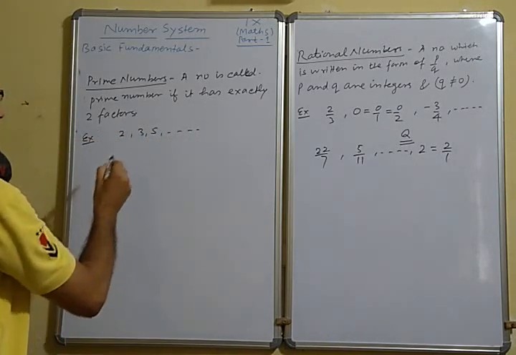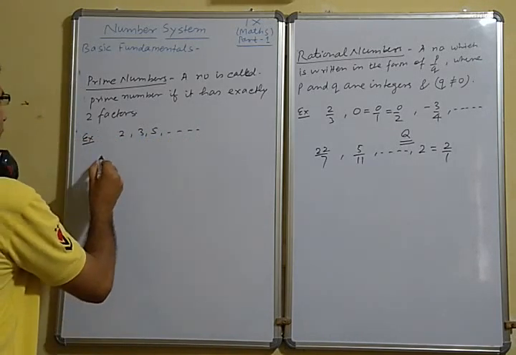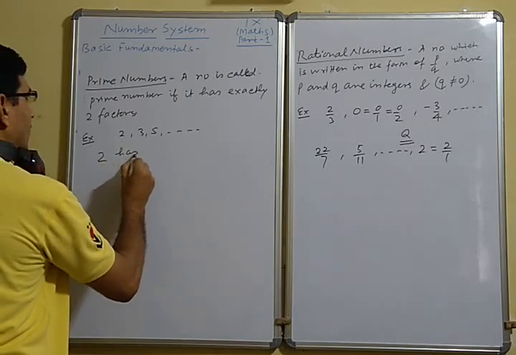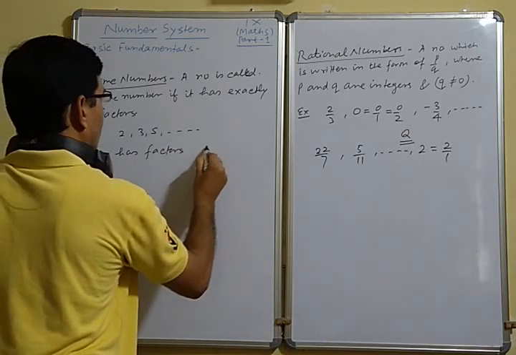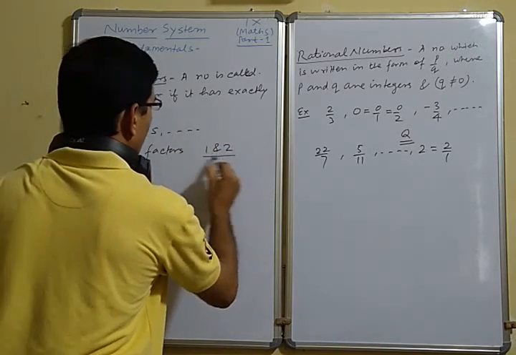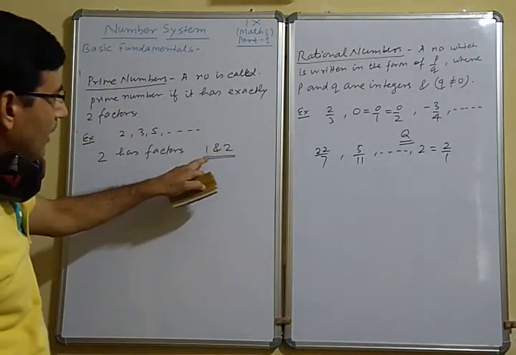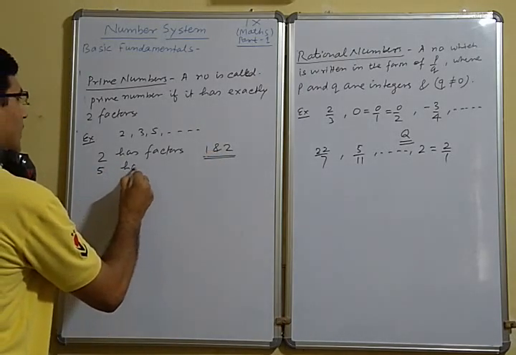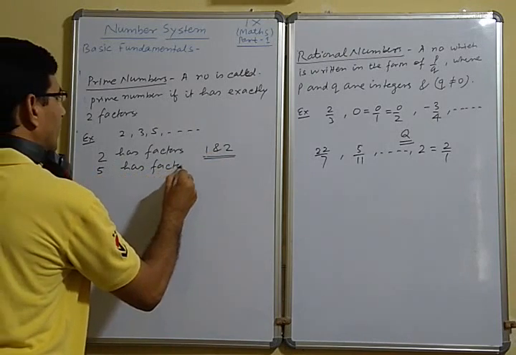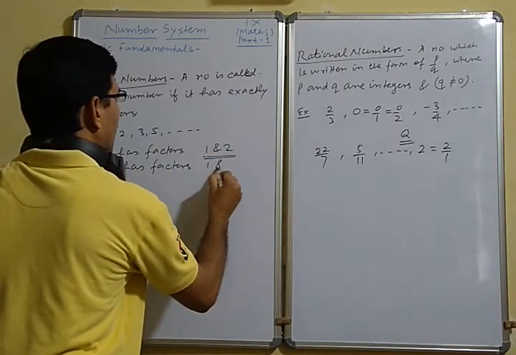Now let us understand this with 2. 2 has factors 1 and 2. 2 has only two factors, one is 1 and the other is 2. Similarly, 5 has factors 1 and 5.